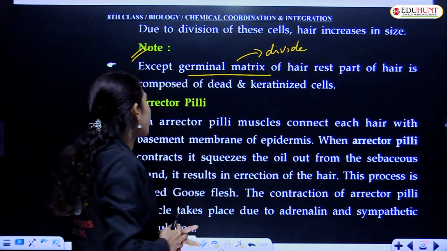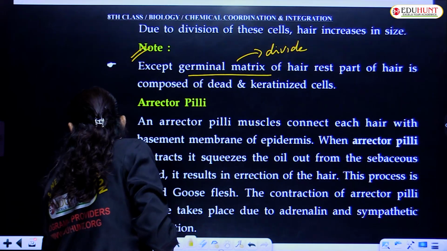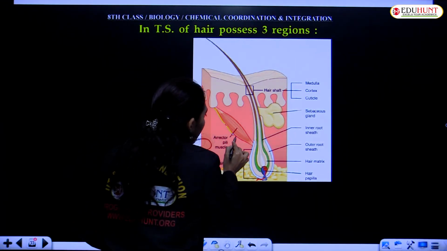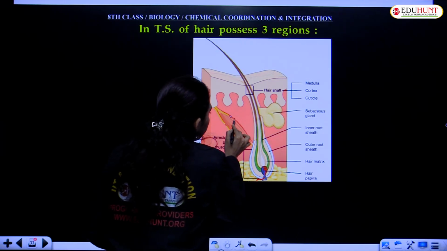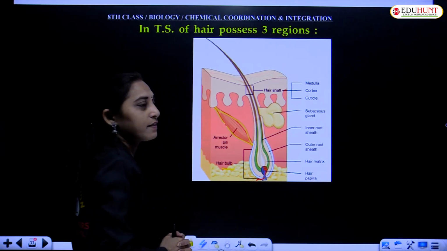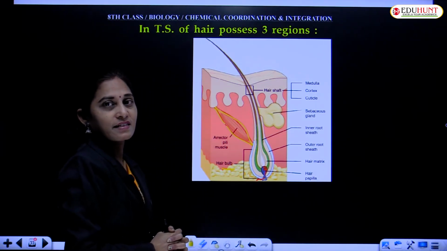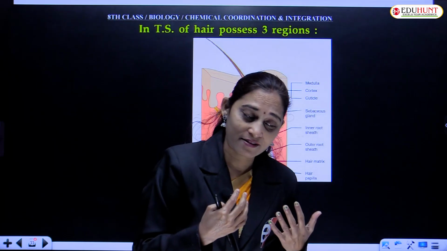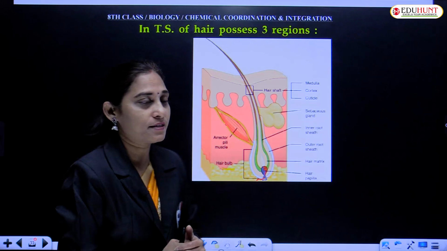So this is the point here. And then erector pili. These are the erector pili. These are nothing but muscles. Muscles ante contract అవుతాయి. Contractions, relaxations చూపిస్తాయి muscles ante.